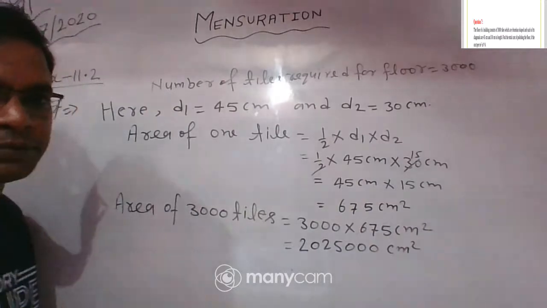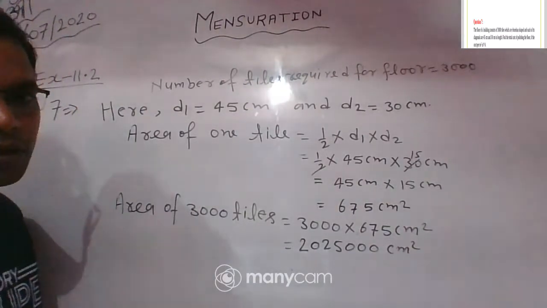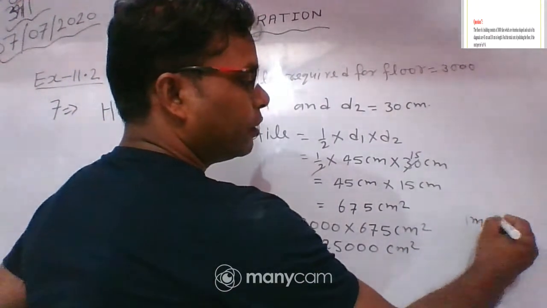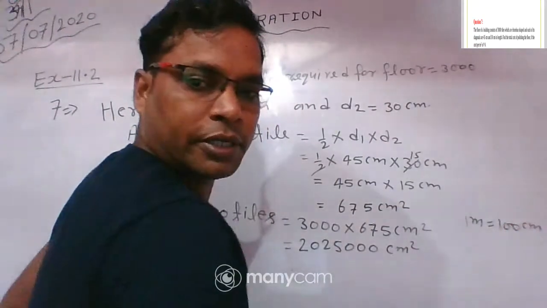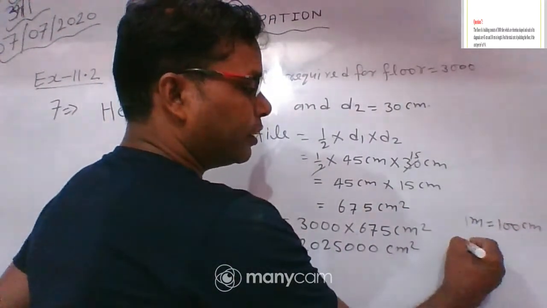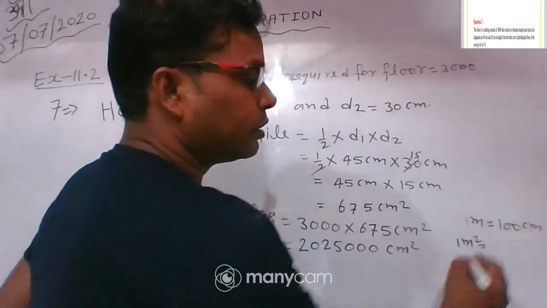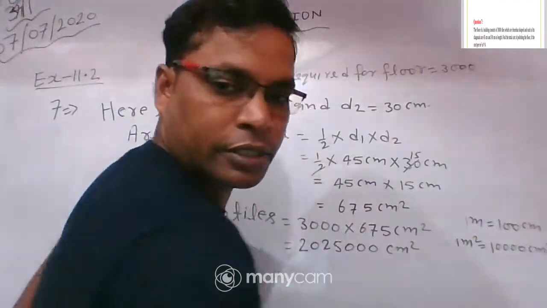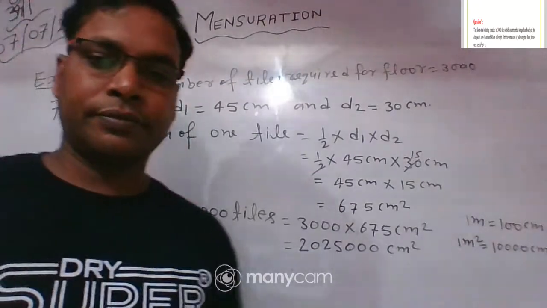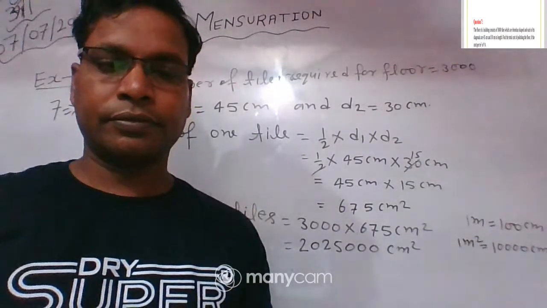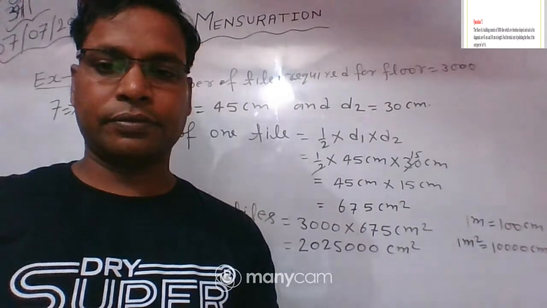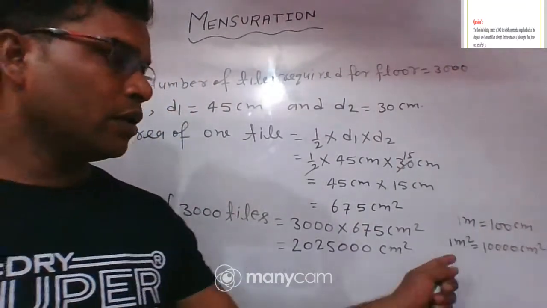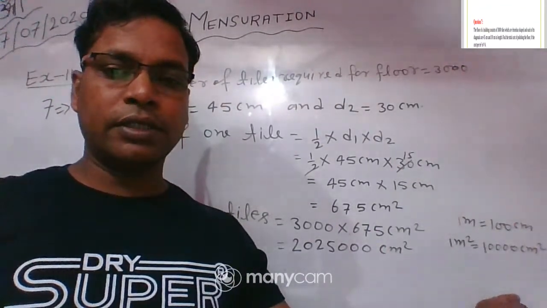Okay, student, you know 1 meter is equal to how many centimeters? 1 meter is equal to 100 centimeters. Clear? So 1 meter square is equal to how many centimeters square? 10,000. Okay, 1 meter square is equal to 10,000 centimeters square.